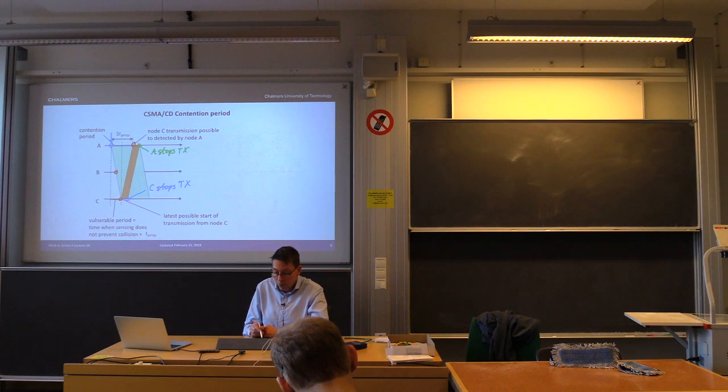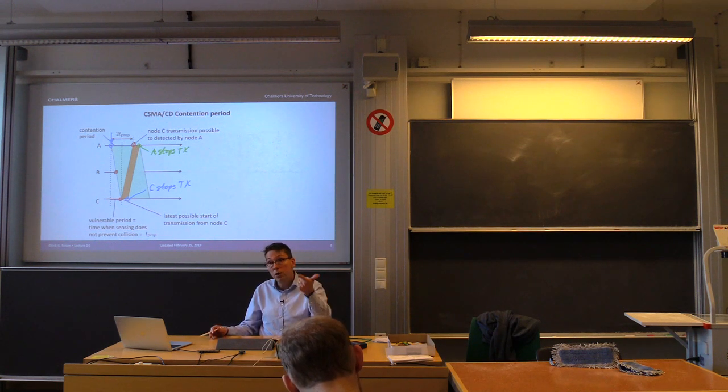But for a period of time, t prop, the furthest away node can start to initiate its transmission. And since it takes t prop to get back, during 2 t prop, A is unsure about whether there will be a collision or not. But after 2 t prop, it knows either there's been a collision and it's able to detect it, or there will be no collision.